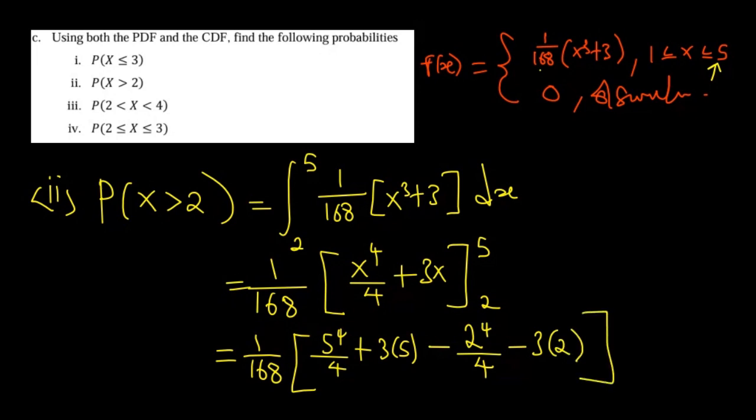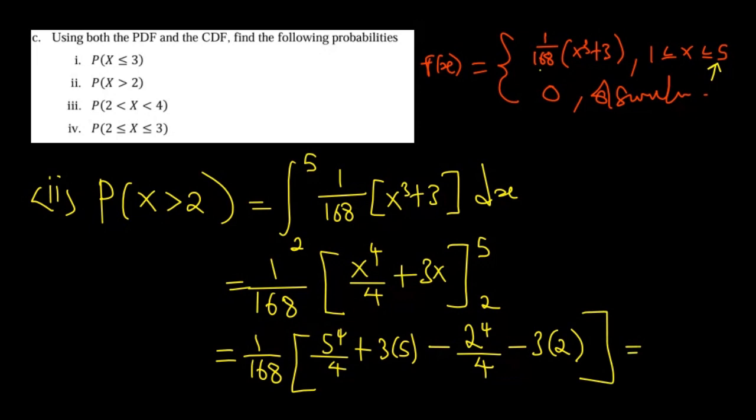What's remaining is just to punch this into the calculator and find the value. So we have 5 to the power 4 divided by 4, plus 3 multiplied by 5, that is 15, and then minus 2 to the power 4 divided by 4, and then minus 3 multiplied by 2, that is 6. When I punch that onto my calculator, it's giving me 161.25.